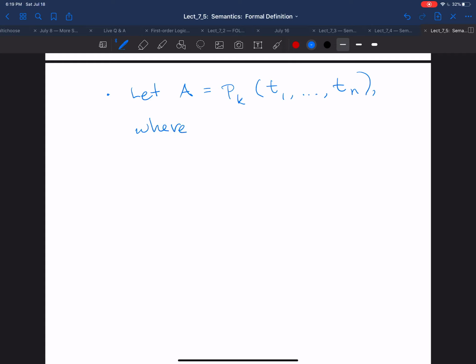So P sub k is an n-ary relation symbol, and each of these terms, T1 through Tn, is either a constant symbol or a variable symbol.